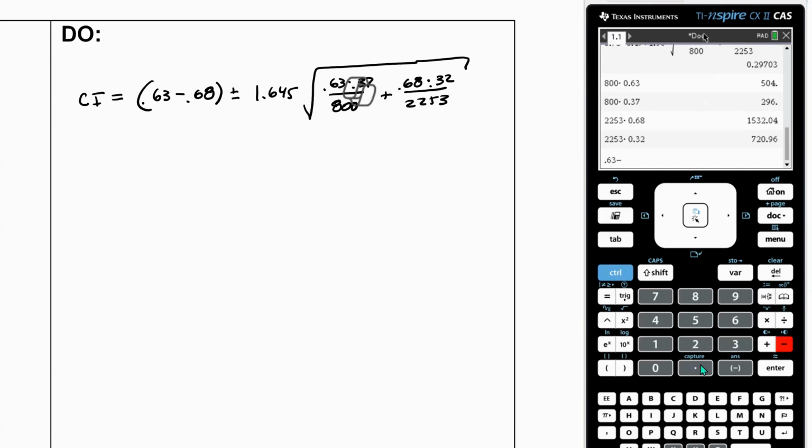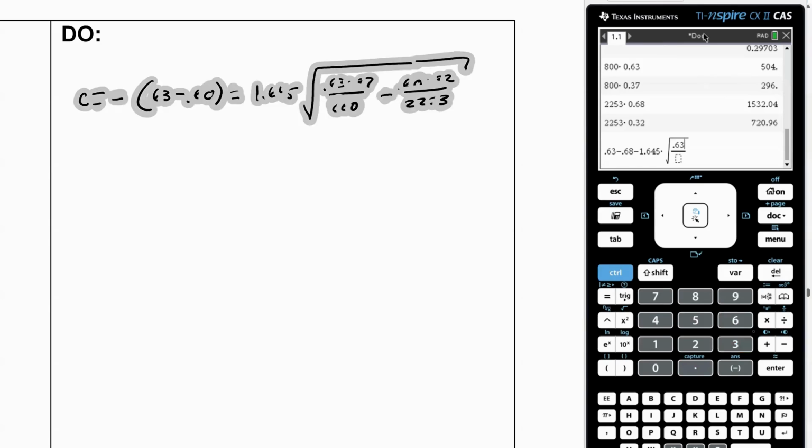So let's go ahead and get that in. 0.63 minus 0.68 minus 1.645 times the square root of, now we need a fraction, 0.63 times 0.37 divided by 800, and then add to that a second fraction, 0.68 times 0.32 over 2053.